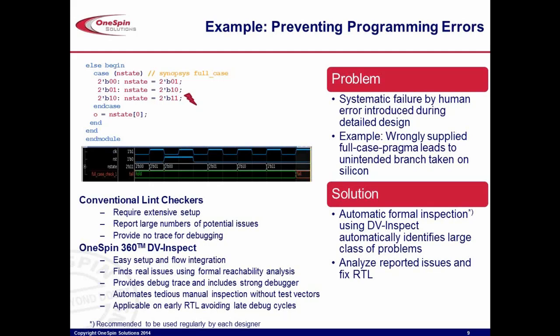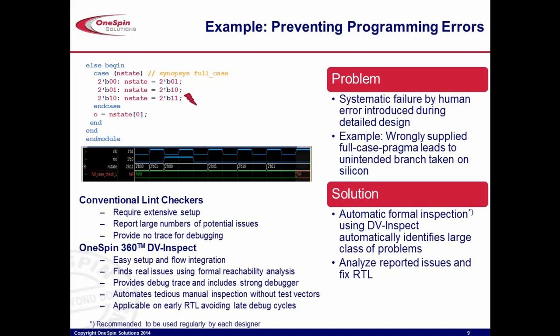Obviously there are many tools that can check this kind of problem, but what we see is that conventional lint checkers require a lot of setup, and the other problem is that they might report a large number of issues. So the OneSpin tool, called OneSpin 360 DV-Inspect, has as its strengths the easy setup and flow integration.